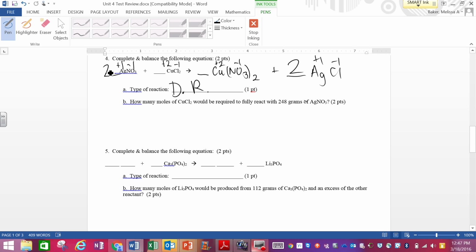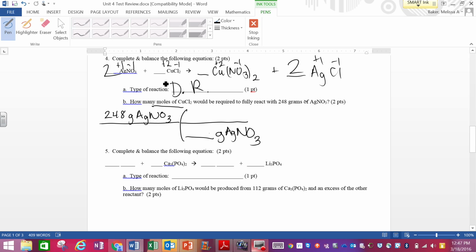Now, it says how many moles of CuCl2 would be required to fully react with 248 grams of AgNO3. Always start by writing what you know and drawing a line underneath it. Then, whatever the units are, you copy those down again. Grams of AgNO3.